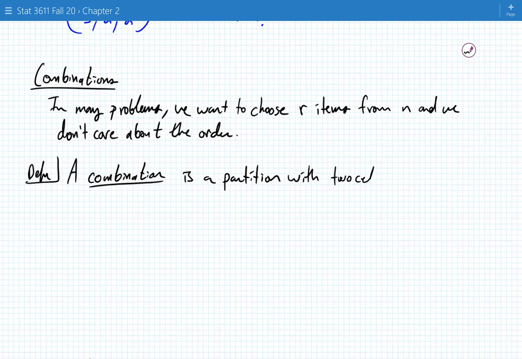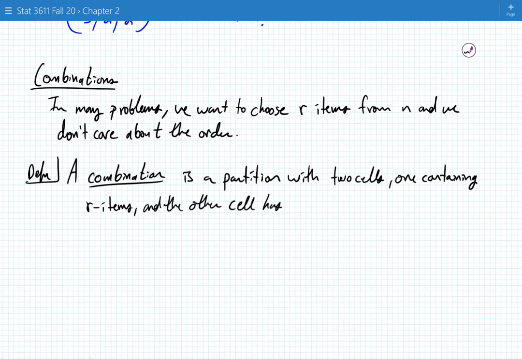One containing the R items you've wanted to select, and the other cell has the remaining n minus R. Right? If there's n items, you put R in one cell, then there are n minus R left to go in the other.